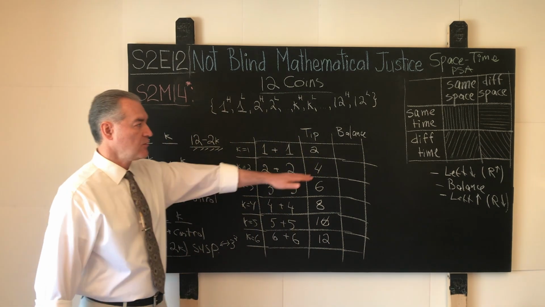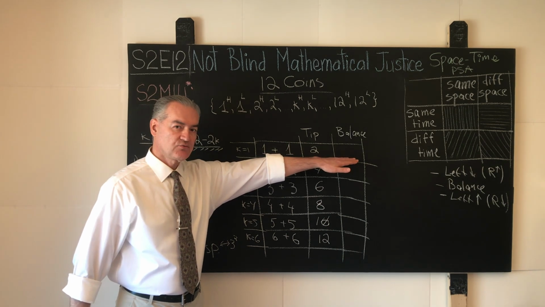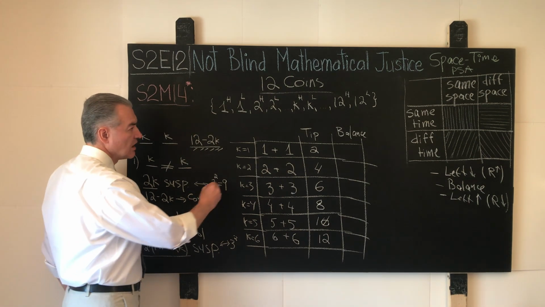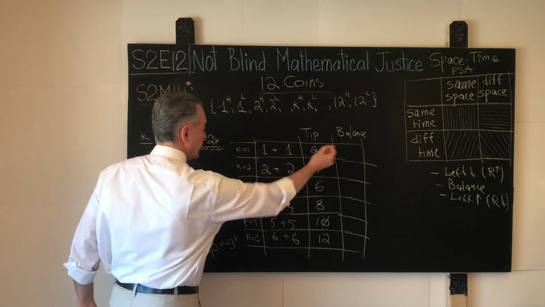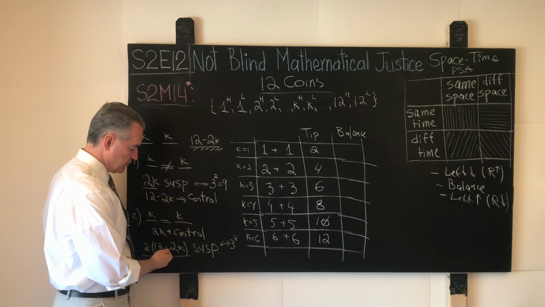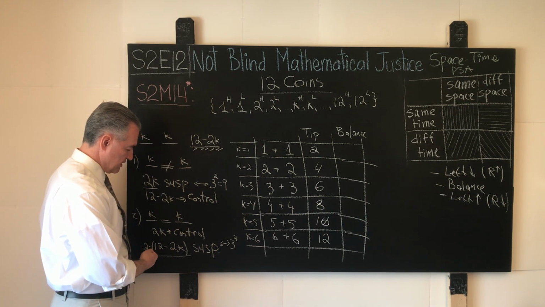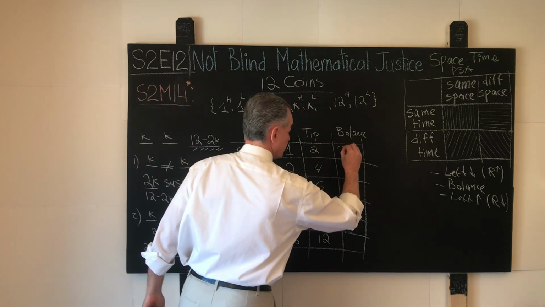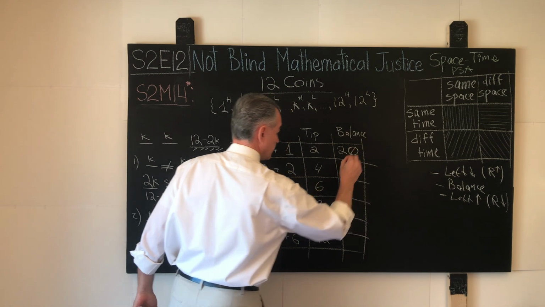Now let's look at how much information we have to generate when the pans balance. In the case of 1 plus 1 partition, we have what? 12 minus 2, 10. 10 times 2 is 20. So we need to generate 20 units of information.